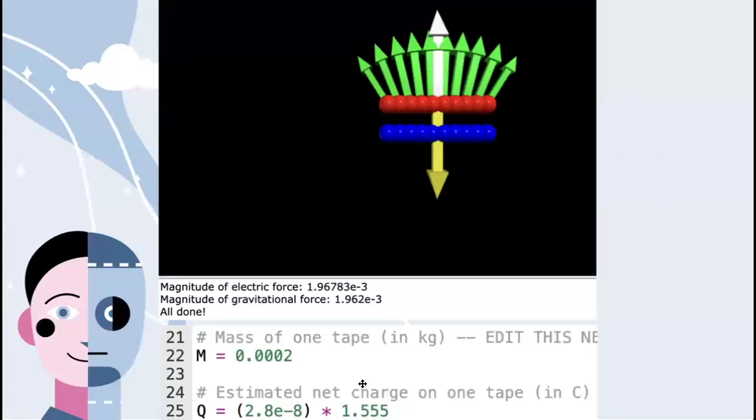And we see that we used the guess and check method to calculate the net force so that it's roughly equal to the gravitational force. We saw that we needed roughly an electric charge of 2.8 times 10 to the negative 8th times 1.555 coulombs. And these are just the initial conditions for the experiment.